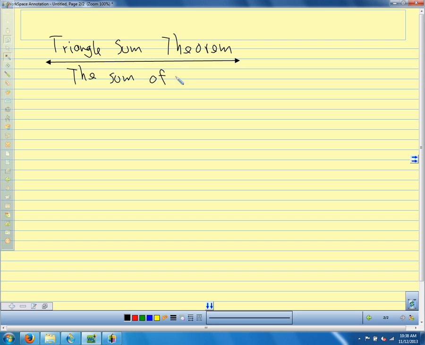So the sum of the measures of angles in a triangle is 180 degrees.